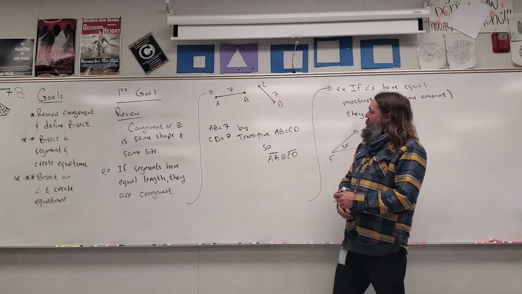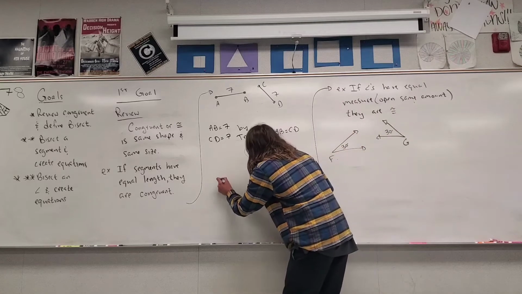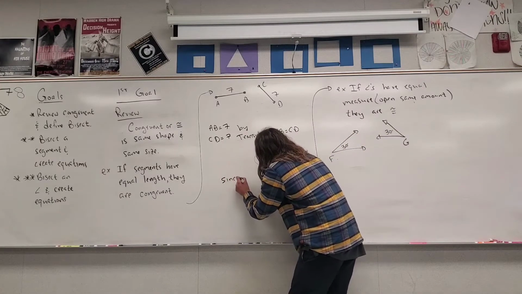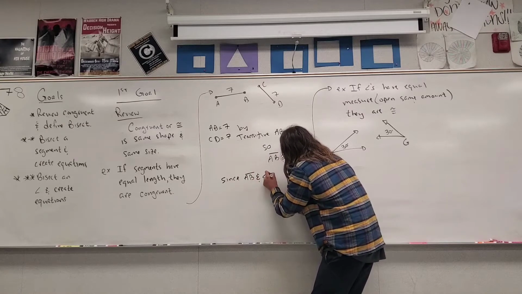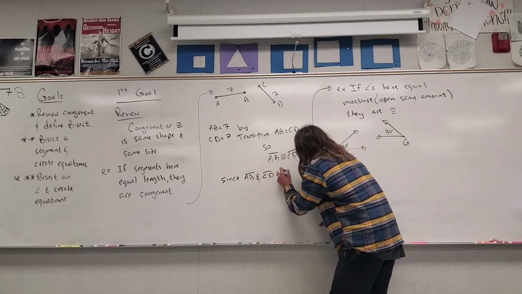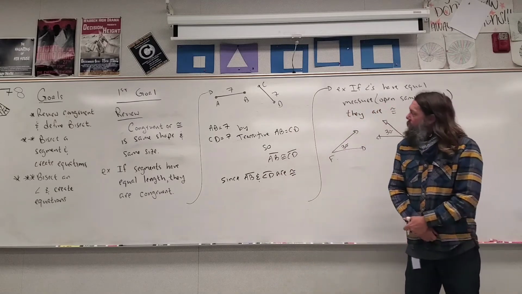All right. Now, since segment AB and segment CD are congruent, we can add a congruent mark to the segments.